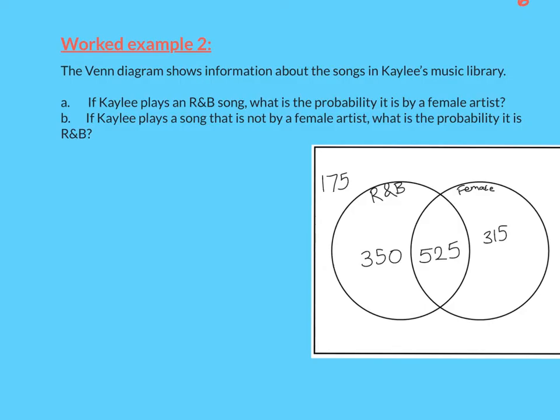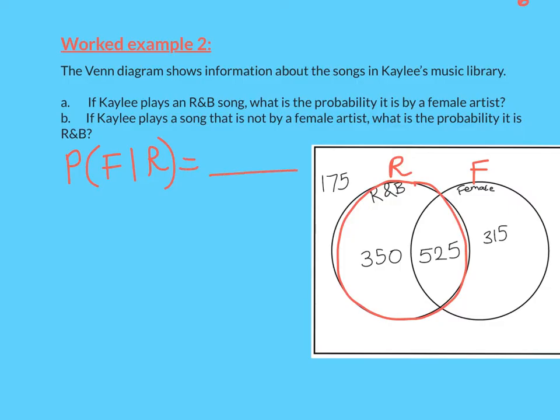So first of all, if Kaylee plays an R&B song, what is the probability it is by a female artist? So what I'm looking at is given R&B, I know it's R&B, so I can write it like this. If I just have female as F and R as R&B, then this is the probability that it's female given that it's R&B. Okay, well I can see the R&B ones.